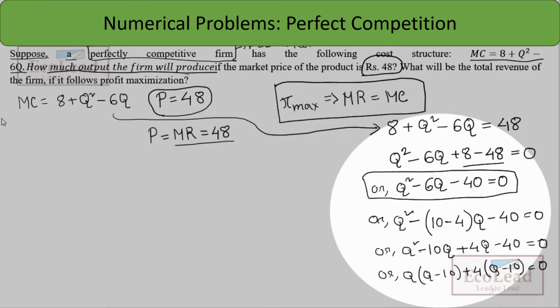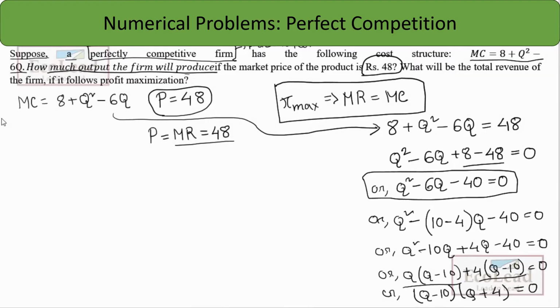Now we can take q minus 10 common from these two terms, and write q minus 10 into q plus 4, which will be equal to 0.